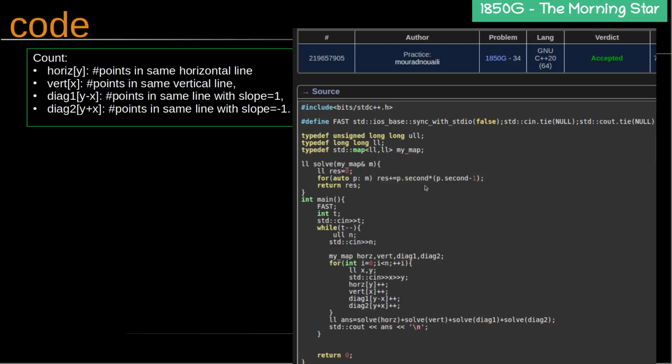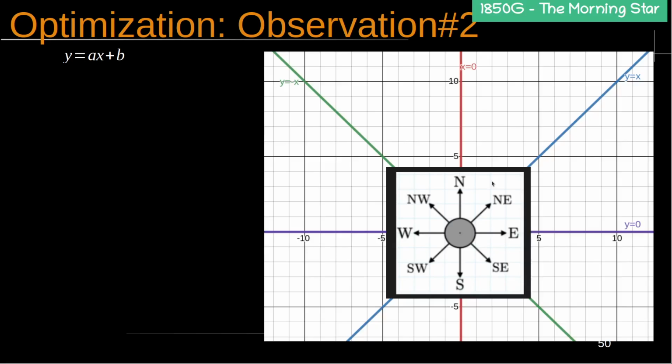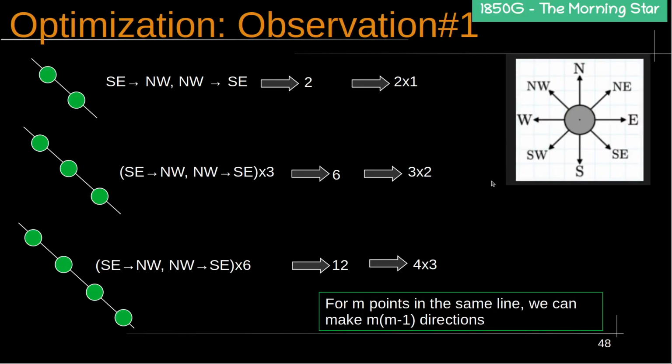We're going to count with this formula, p.second times p.second minus 1, because as we said in the observation, for a line that contains m points, we can make m times m minus 1 directions.